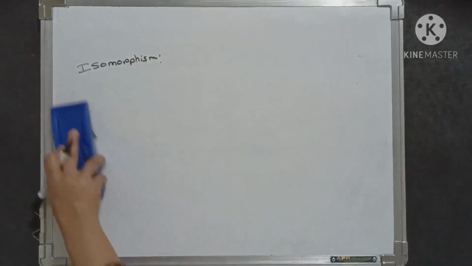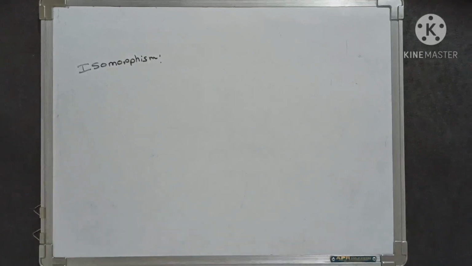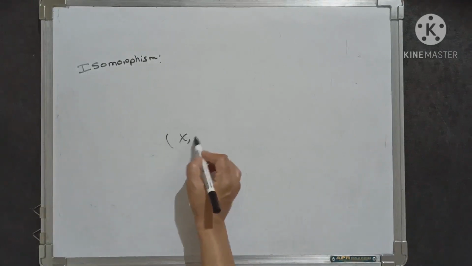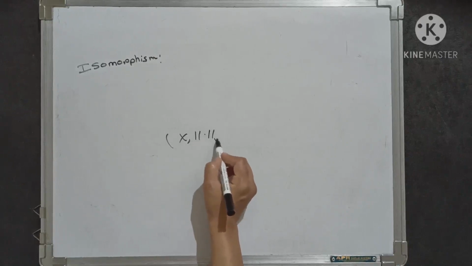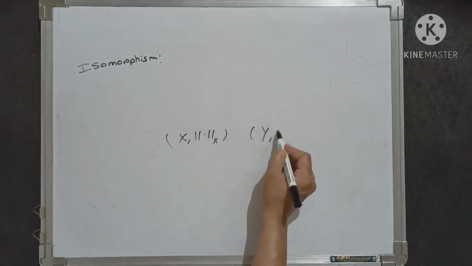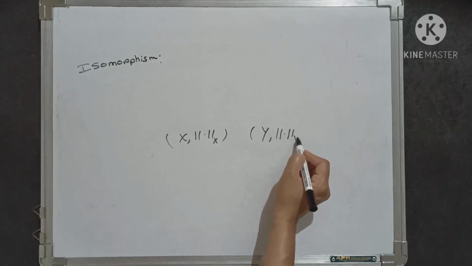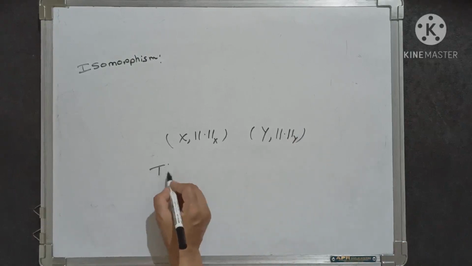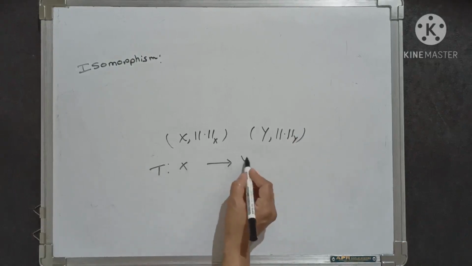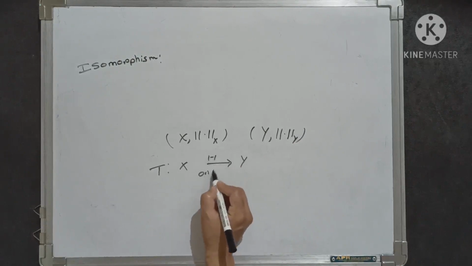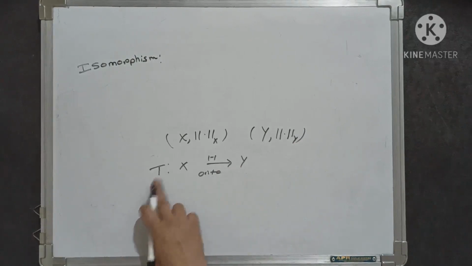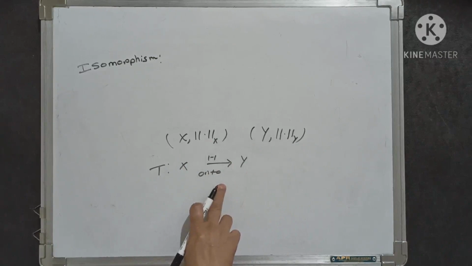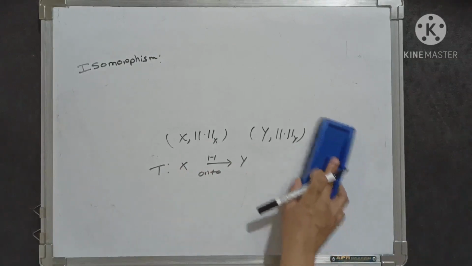In the same way we define the isomorphism between normed spaces. We consider any two normed spaces: X is the normed space with the norm on X and Y is the normed space with the norm on Y. If T is a mapping from the normed space X to Y, which is both one-to-one and onto, and if T preserves the norm, then we say that T is an isomorphism. In this way we define the isomorphism.